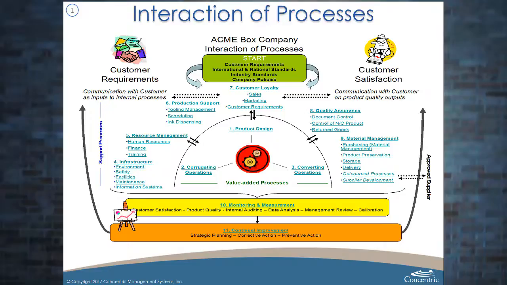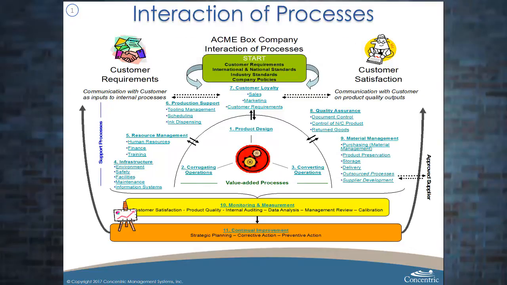So in this particular example, we have 11 distinct processes, and then each of these have sub-processes underneath them. You see the customer requirements coming in at the top. You see the customer satisfaction as an output on the top right.